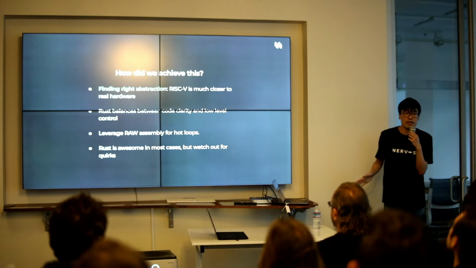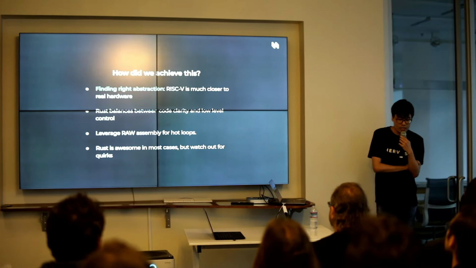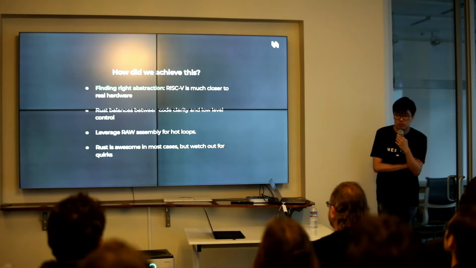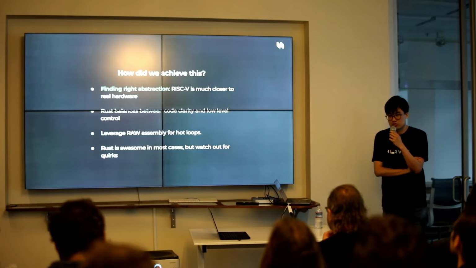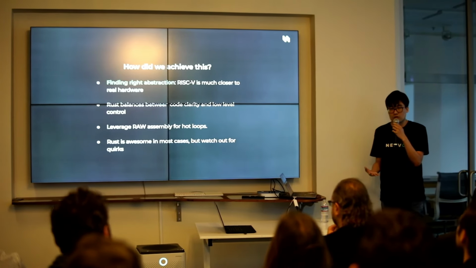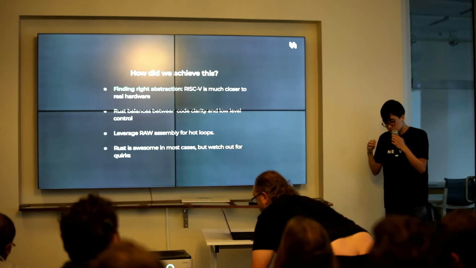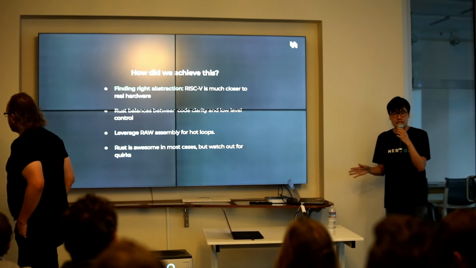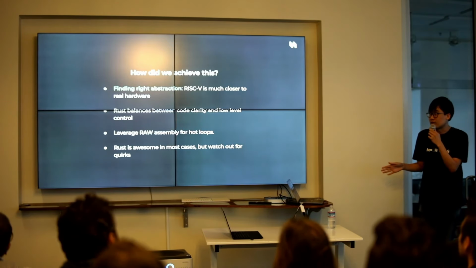And as I mentioned earlier, the main factor contributing to the fast speed of the CKB VM is finding the right abstraction. With the right abstraction, we don't need to write a lot of code, we don't need to optimize everything, do a whole lot of different optimizations or use sophisticated compiler technology to achieve the speed we have.